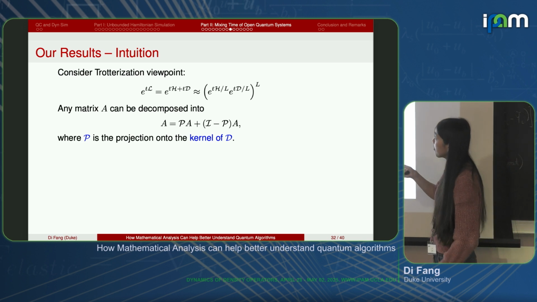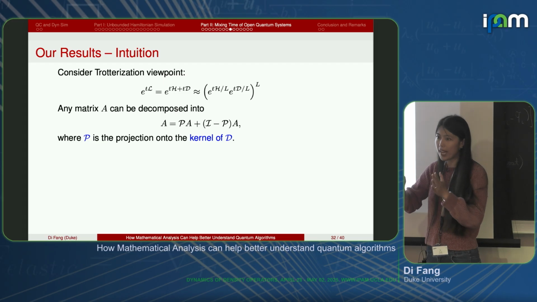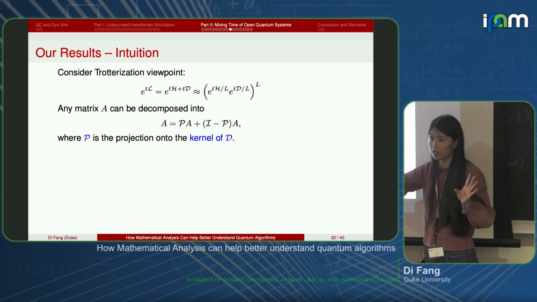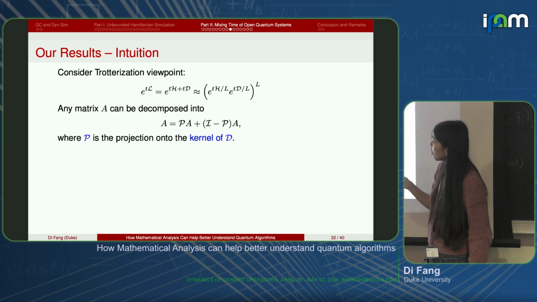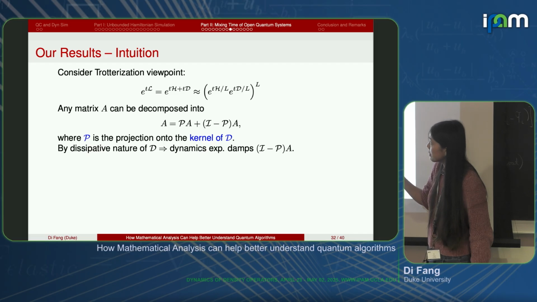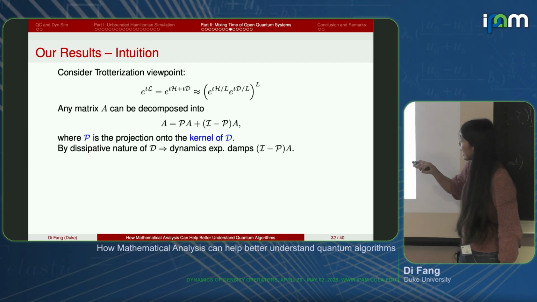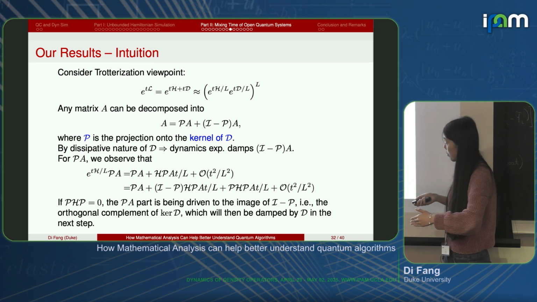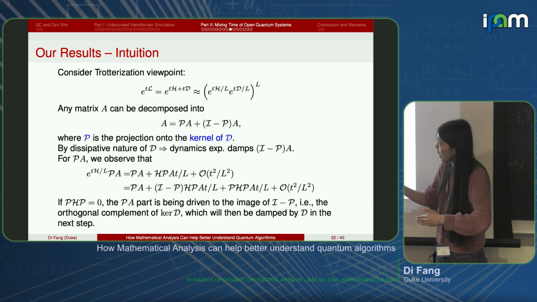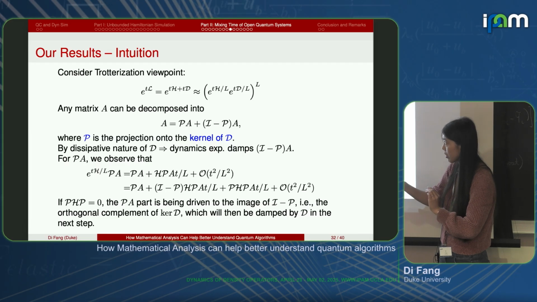let's imagine I'm going to decompose my observable A, my operator A, into two parts. One part lives inside of the kernel of D. The other part is outside of the kernel. By the dissipative nature of D, anything that is outside of its kernel gets damped, because D is a dissipative operator. You look at what is left over, which is inside of the kernel, and suppose your Hamiltonian has a certain property.